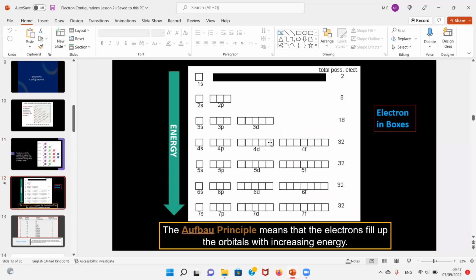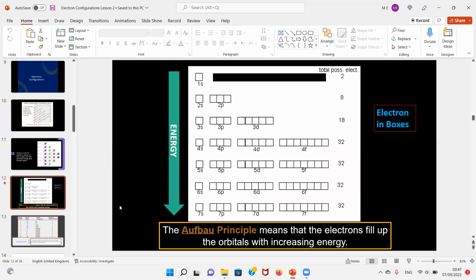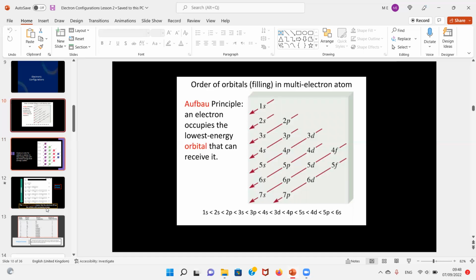So this is 2p. And then you have 3s, which is a box. And then you have the 3p, which is 3 boxes. Then you have the 4s, which is 1 box. Then you have 3d, which is 5 boxes, etc. Okay, so this representation is exactly as in here.